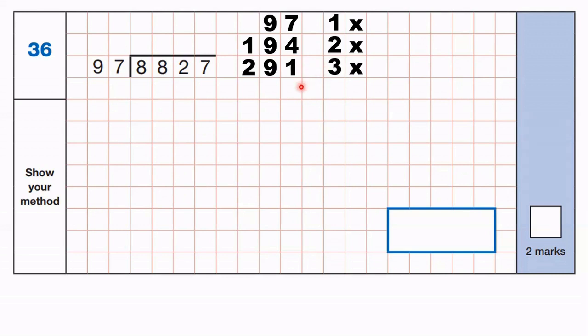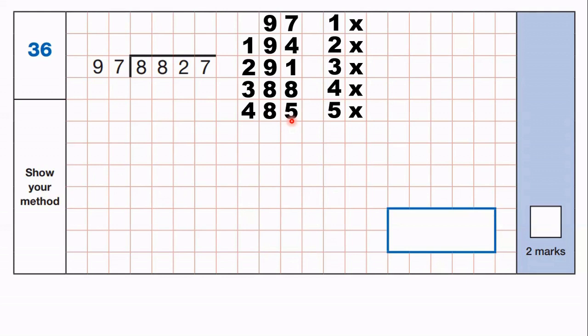Add 100 is 391, take away 3 is 388 for 4 times. Add 100 is 488, take away 3 is 485 for 5 times. Now remember, 5 times always has to end in a 5 or 0, and because 485 ends in a 5, that means we can be confident that we haven't made any mistakes so far.